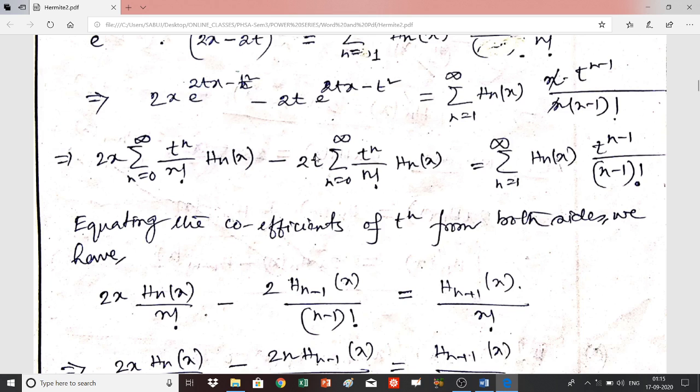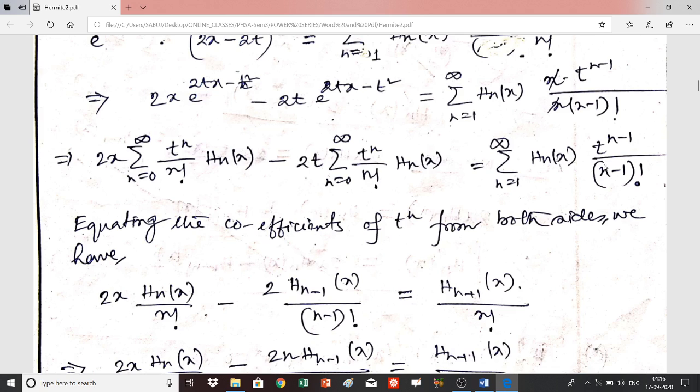Here t times t to the power n gives t to the power n plus 1, so n should be replaced by n minus 1, and then you will get h_(n-1) multiplied by 2, over n minus 1 factorial.